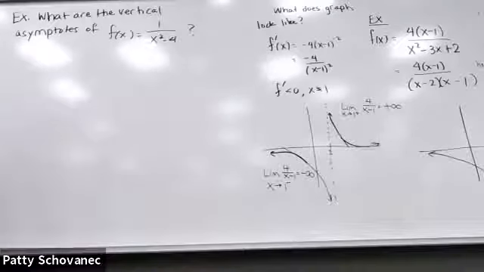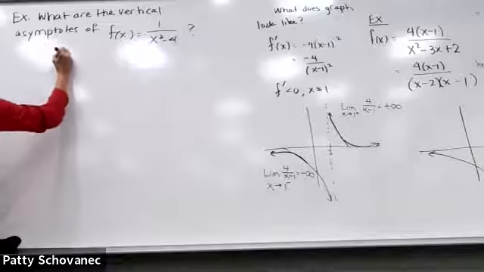Any ideas? There's 2 of them. There's 2 values of x that make the denominator 0. X is 2 and x is negative 2.